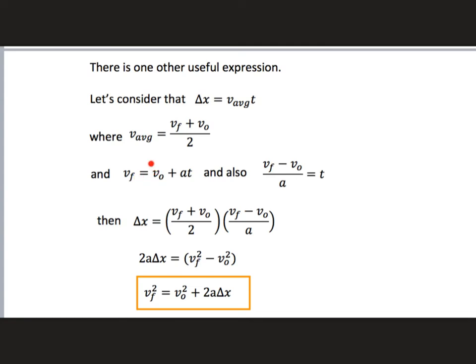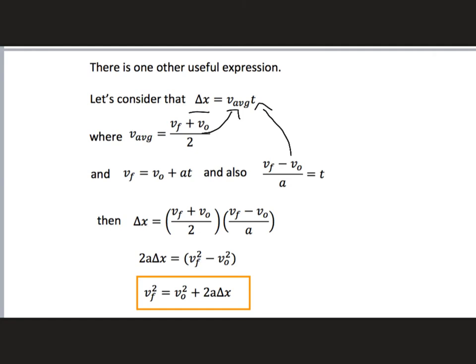And so if I bring the v naught over there, it becomes negative. I divide by the a. I'm basically solving this whole equation for t, and I get that t is equal to v final minus v initial over a. So for v average, I'm going to plug in this equation there. And for t, I'm going to plug in that equation there.